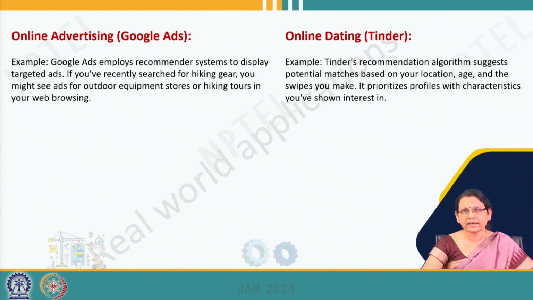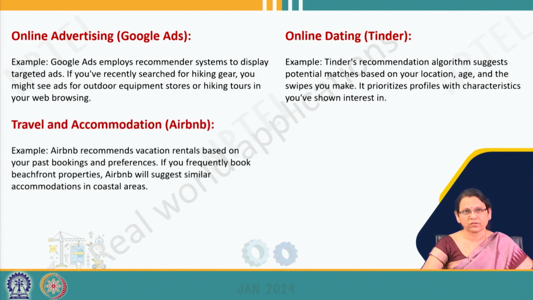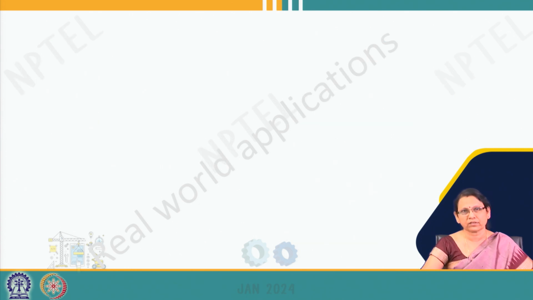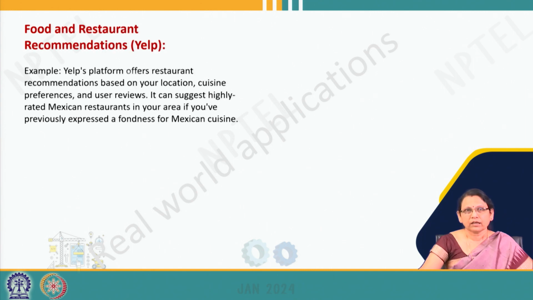Online dating sites like Tinder try matching different personalities and provide dating options. Then travel and accommodation, like Airbnb, looks at our choices and the preferences of other people who make similar choices, and we get recommendations. Another one could be video gaming, which again is a streaming platform. Depending on what kind of games we play, we get further recommendations. Food and restaurant recommendation.